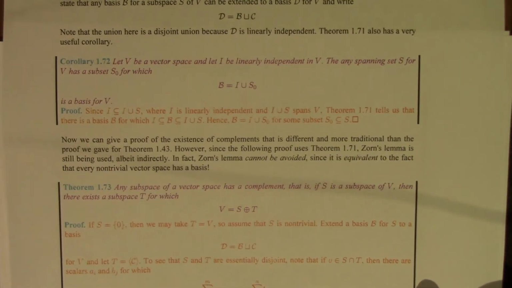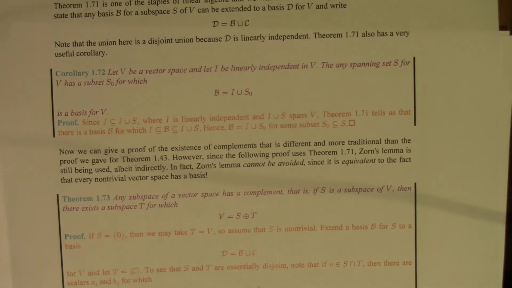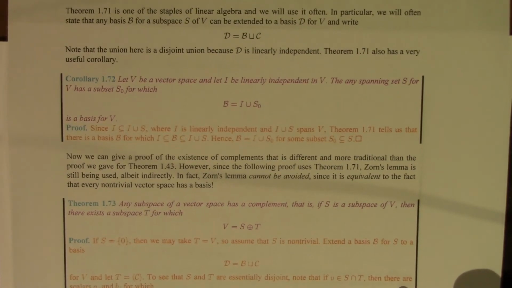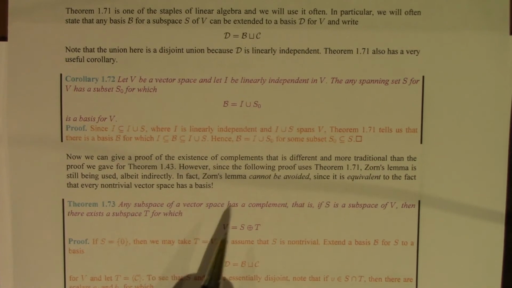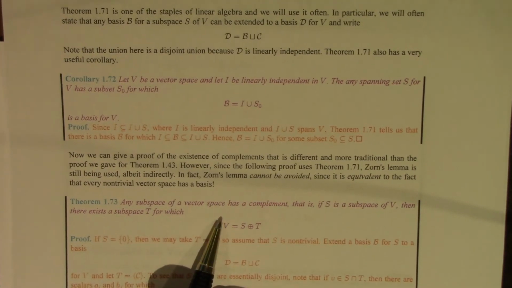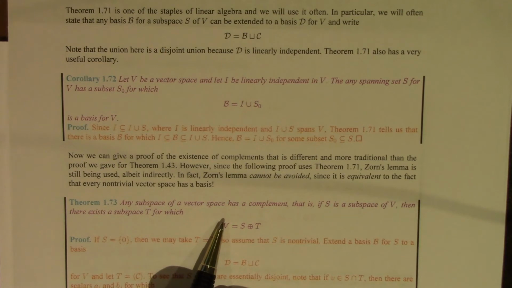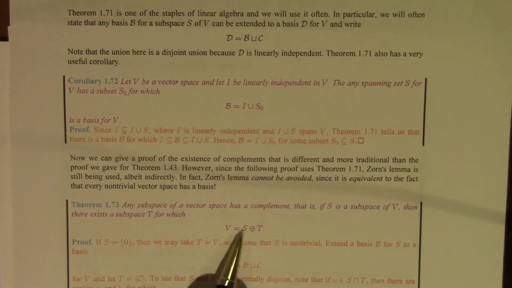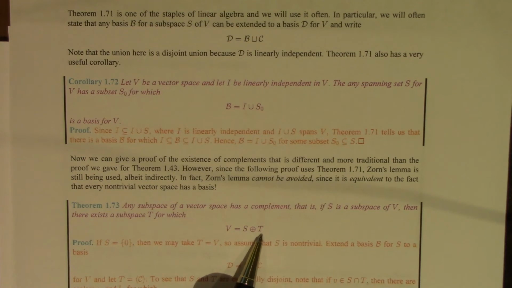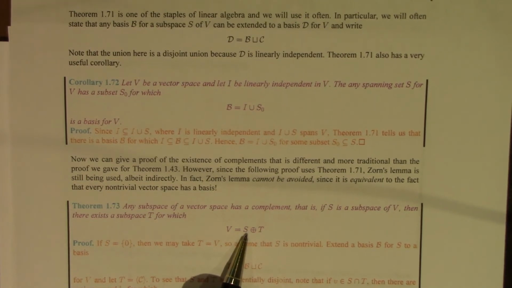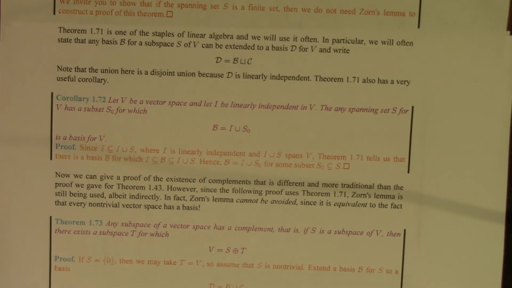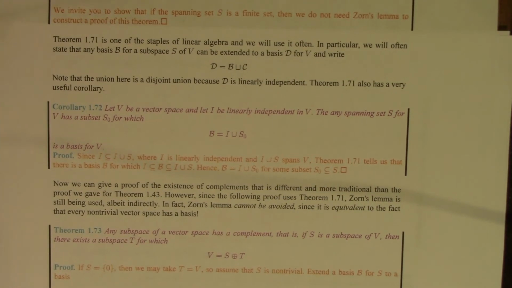Now that we can extend linearly independent sets to bases, we can provide an alternative proof for a theorem we gave some time ago concerning the existence of complements for subspaces of a vector space. The proof we gave before used Zorn's lemma directly.